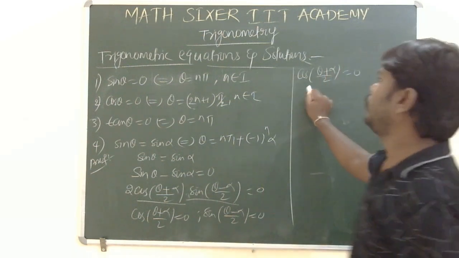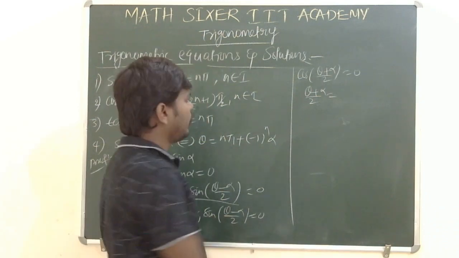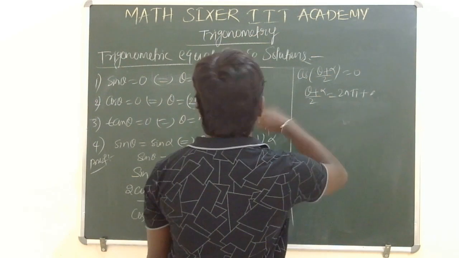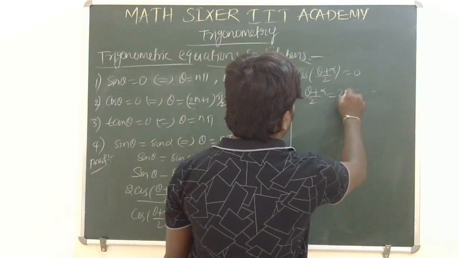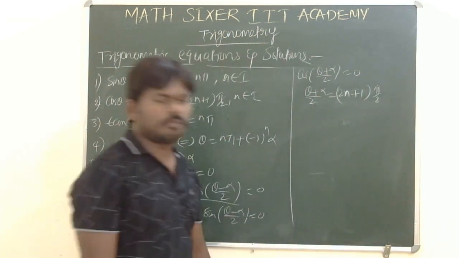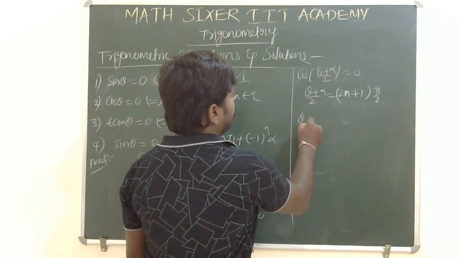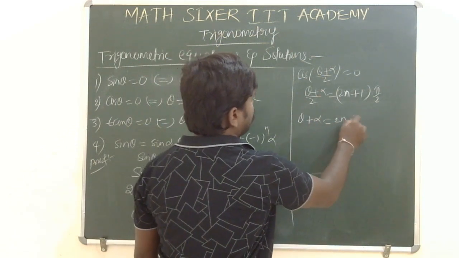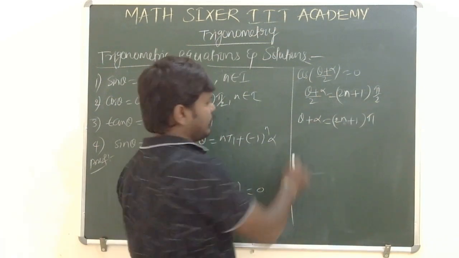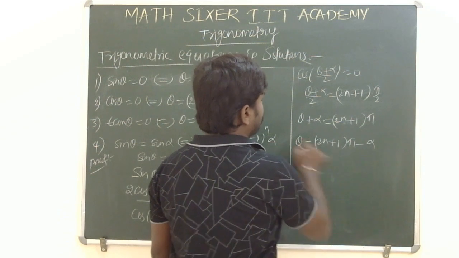So theta plus alpha by 2 is equal to 2n plus 1 into pi by 2. Now take this 2 to that side, then you get theta plus alpha is equal to 2n plus 1 into pi. Then your theta is equal to 2n plus 1 into pi minus alpha.